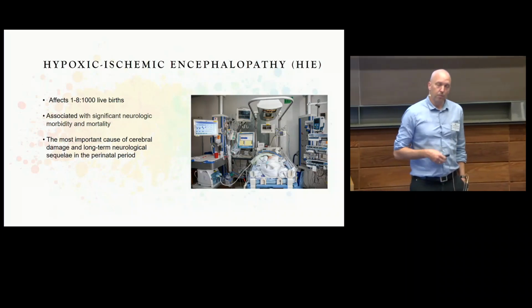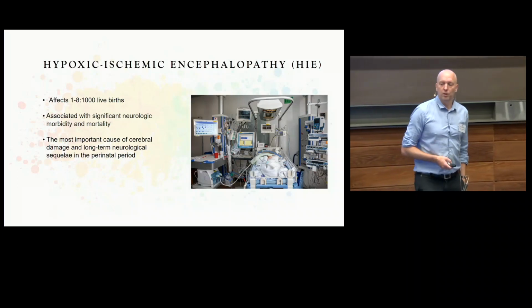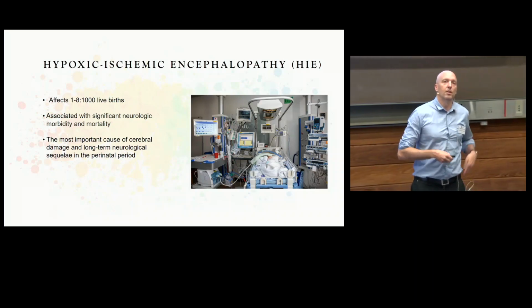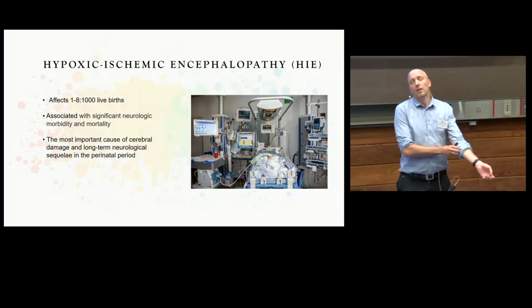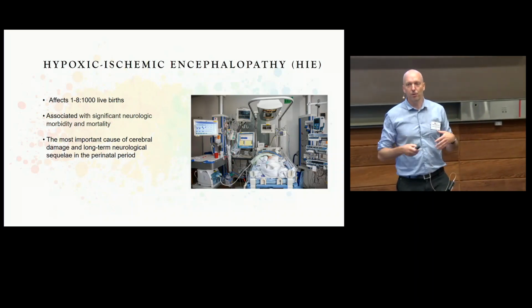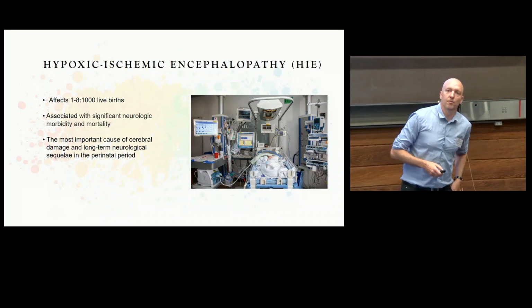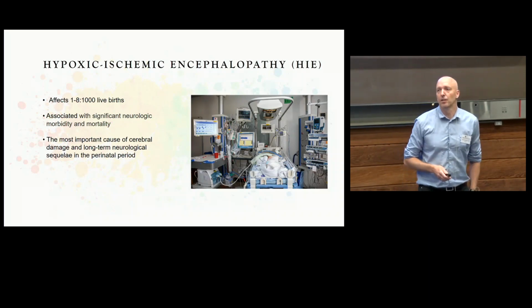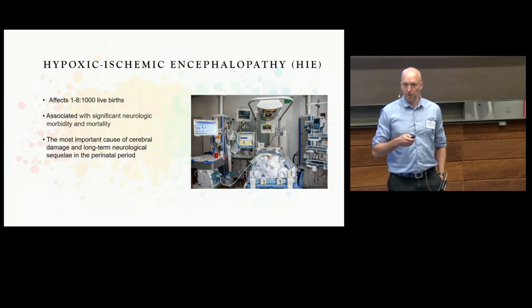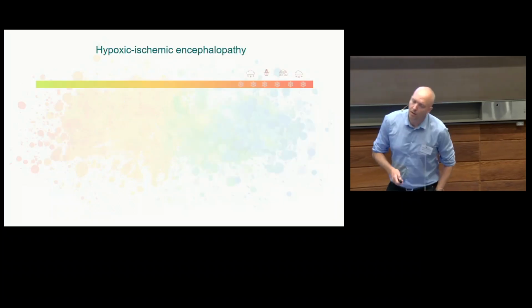It's associated with morbidity and also a significant mortality, and is the most important cause of neurological injury in the perinatal period, and actually in terms of lives lost or quality of life, I think DALY is the expression. It's one of the most significant diseases in the pediatric population as a whole.